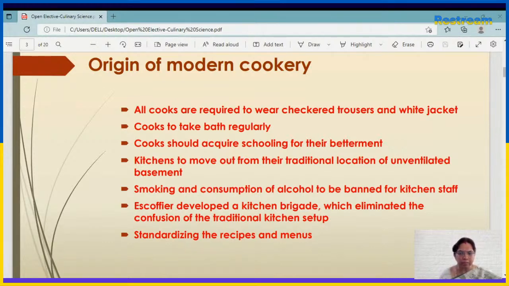Later they started recognizing that culinary food science has to work as a professional, that means making it a first profession. So in the 20th century, the first school of culinary arts was started by La Cuisine Classic. He was a chef, and is also considered the godfather of modern cookery.